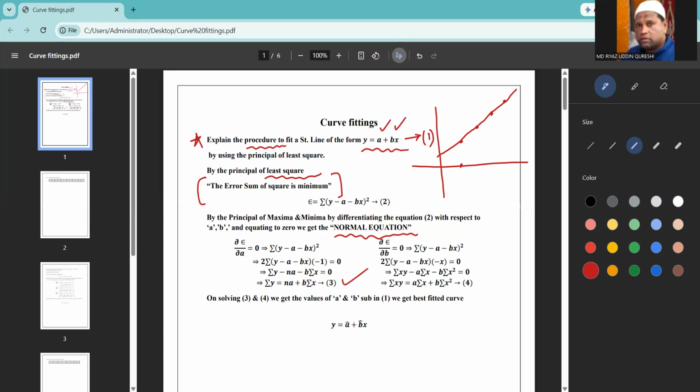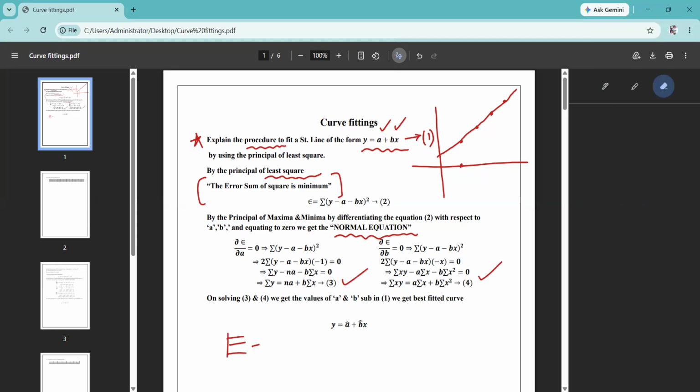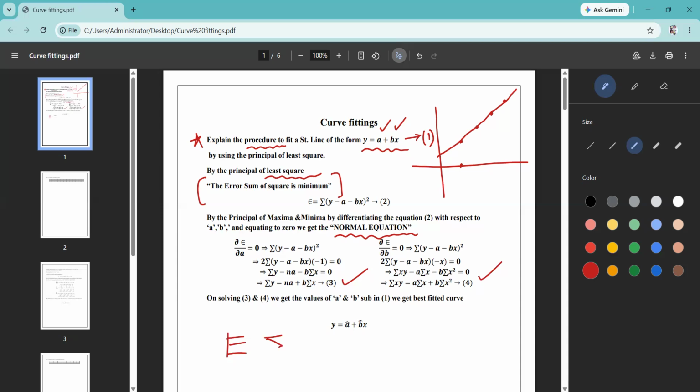This is the process of finding the normal equations. In the exam, if they ask you to write the procedure, you have to show this procedure completely. See, error sum of squares minimum, how to write it. Error is denoted with capital E. Sum is denoted with sigma, or summation we say.